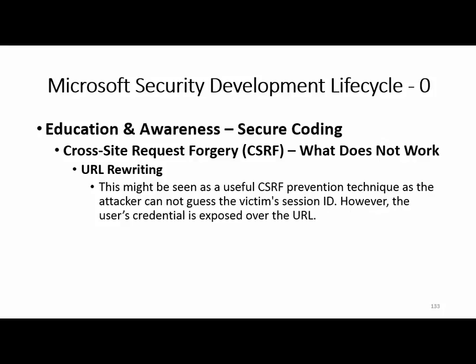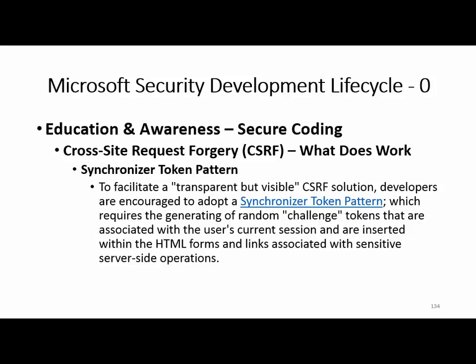The idea is you don't put all the information into the URL, so the attacker has to guess. But that may or may not be important because, as mentioned, the user's credential is exposed over the URL. So if I can become the user, and do, for example, session hijacking, it's not going to matter because I've got complete control anyway.